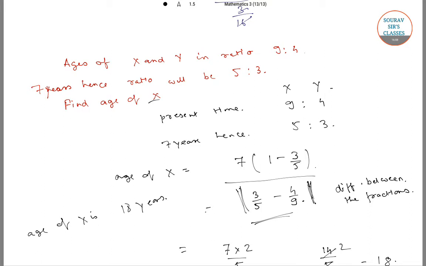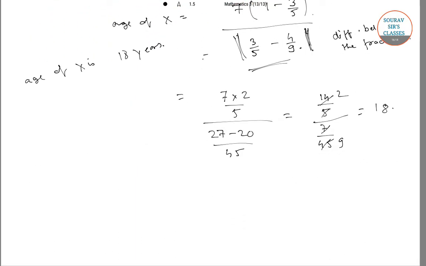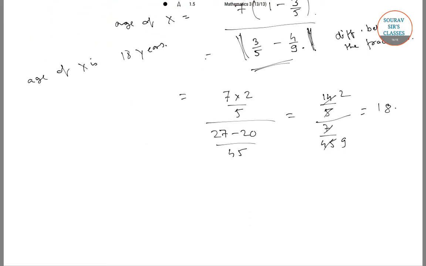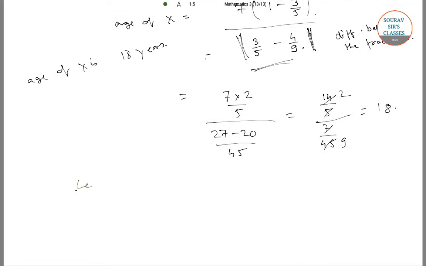Now it is said that the age of X and Y are in ratio of 9:4. So the present age of X and Y are, I'm changing the color, so let present age of X and Y are 9x and 4x.